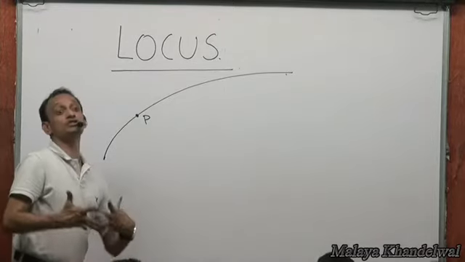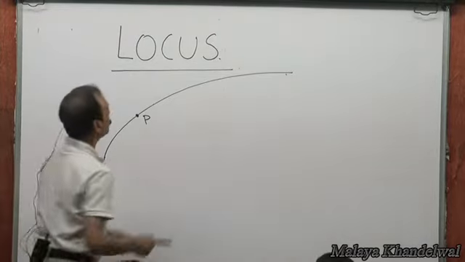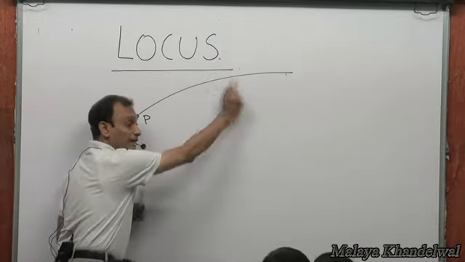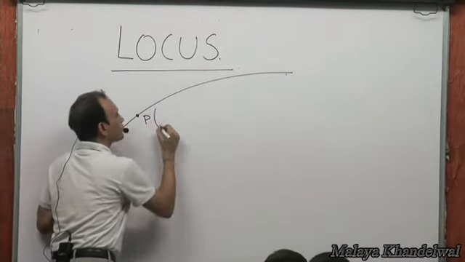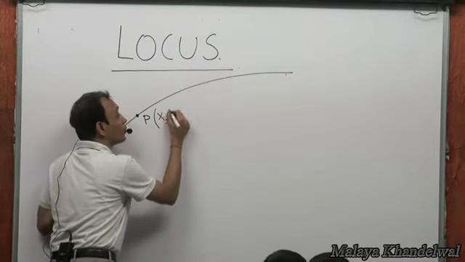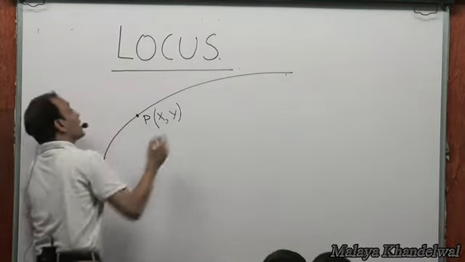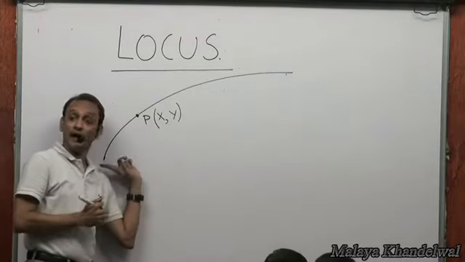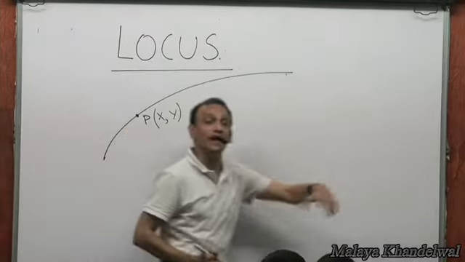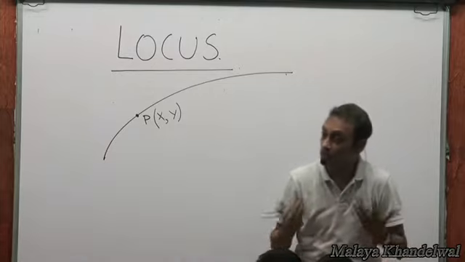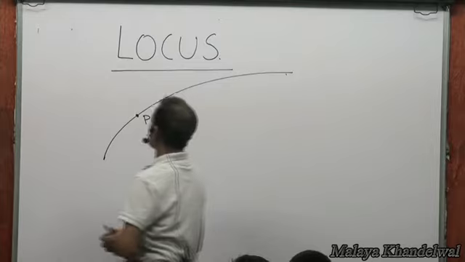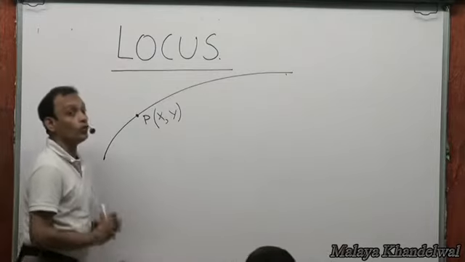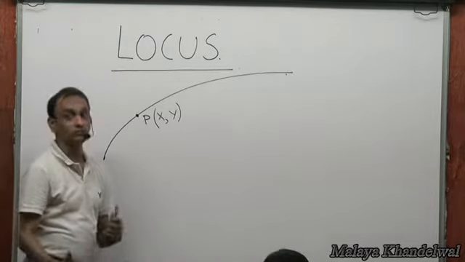When it pursues a certain path, then for any point P lying on the path, the x and y coordinates are, say, x comma y. x comma y are coordinates of any point that lies on this path, the trajectory. Now, an algebraic relationship, write down.